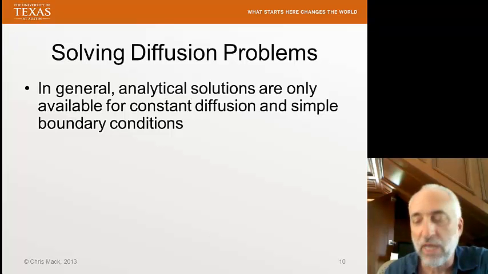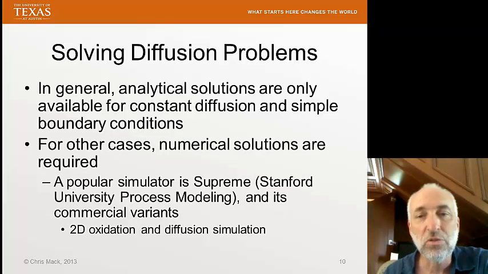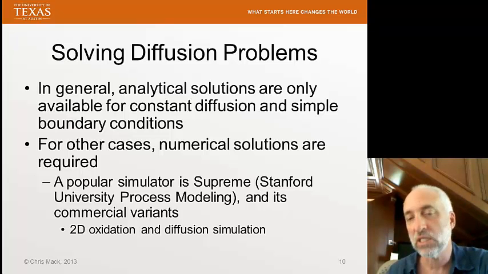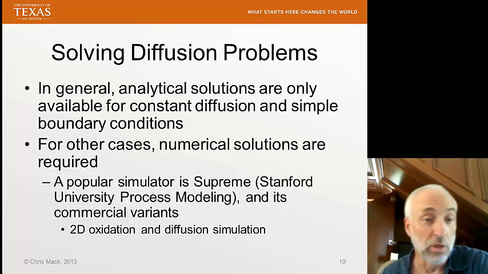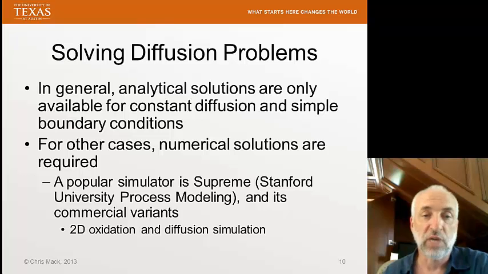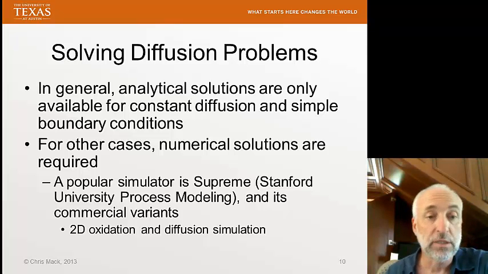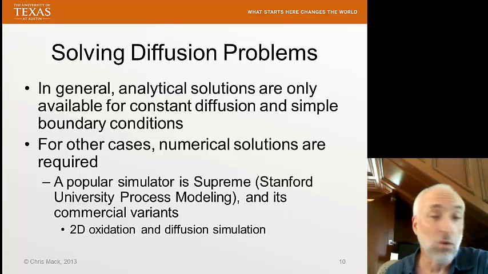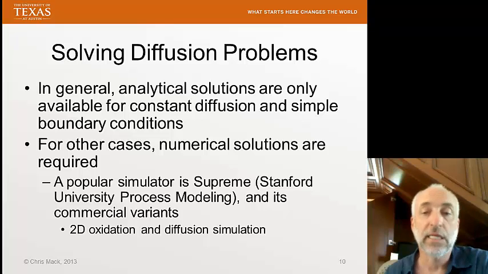For almost any other case, that is, for any real case, we have to use numerical solutions. And numerical solutions are generally implemented in process simulators that are now commercially available. A very popular process simulator out of Stanford is called Supreme. You can get it from Stanford, but you can also get a commercially available variant.